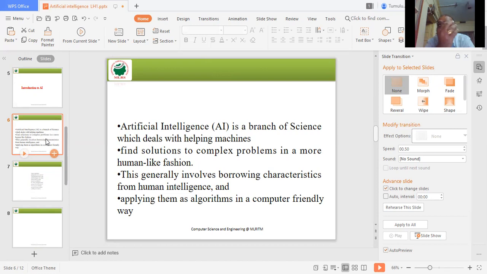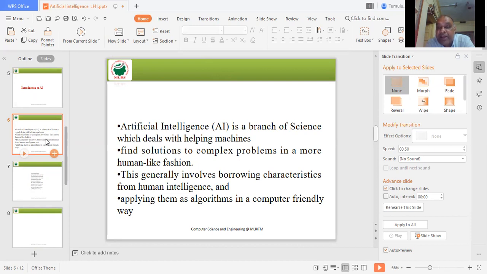Artificial intelligence is a branch of science which deals with helping machines find solutions to complex problems in a more human-like fashion. The best example you can take for artificial intelligence is Alexa and Siri in Google. It is as if some person is sitting inside the computer, and whenever you give a query, it is processed by Alexa and Siri, and they give you the response. So here it is a human-based computer.